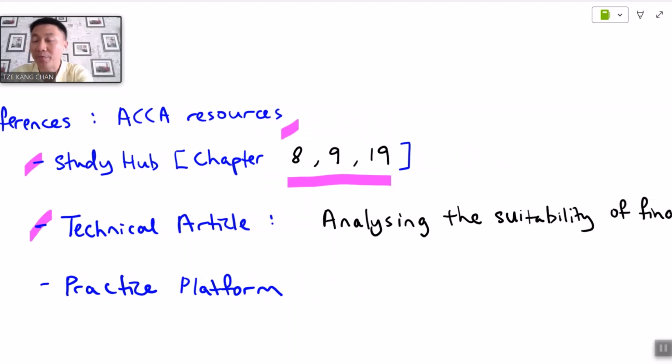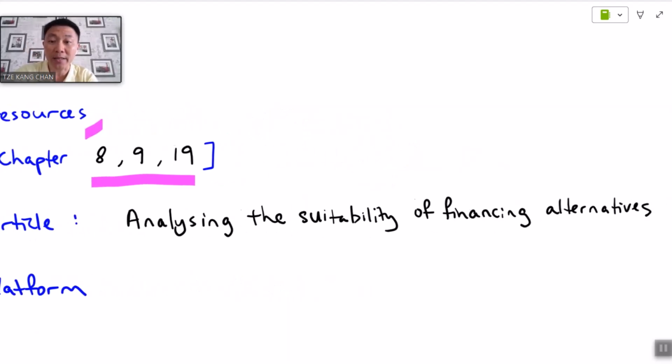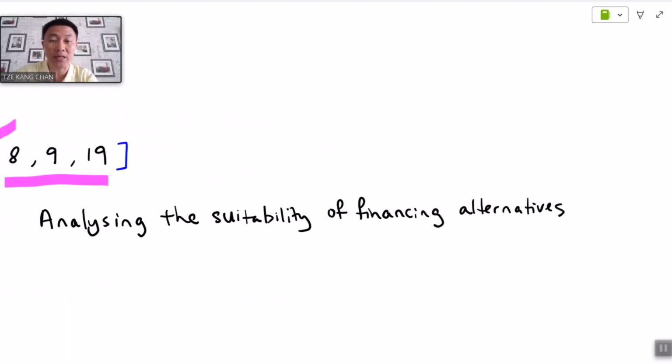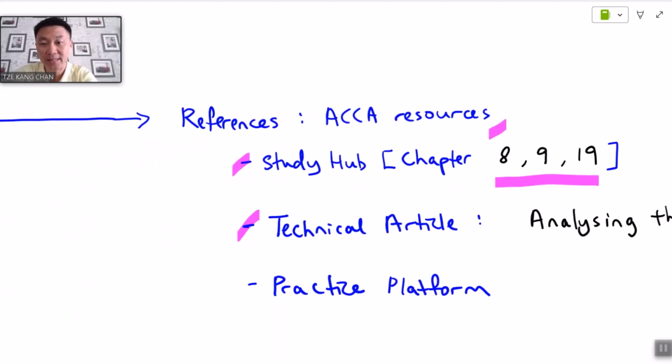Secondly, referring to the technical article with the title Analyzing the Suitability of Financing Alternatives. Last but not least, ranges of exam questions are found on the practice platform, and you are highly recommended to give a try and attempt the whole of the questions pertaining to the topic under time constraints to ensure maximum learning outcome.